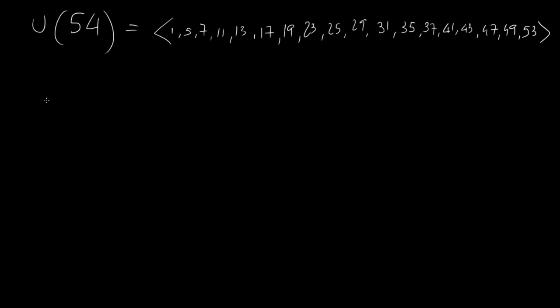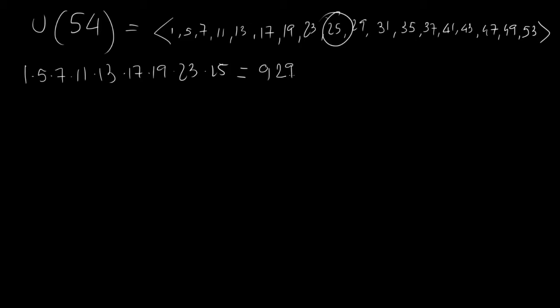Assume that we choose the element 25. So we perform 1 times 5 times 7 times 11 times 13 times 23 times 25, which is equal to 929553625, which is our m.